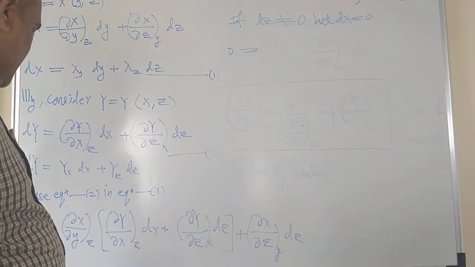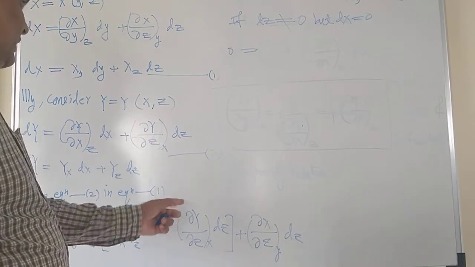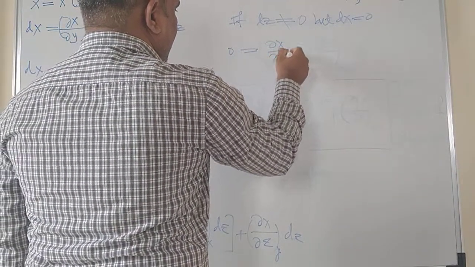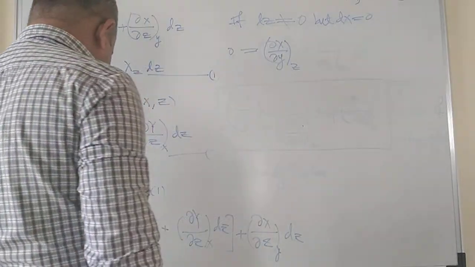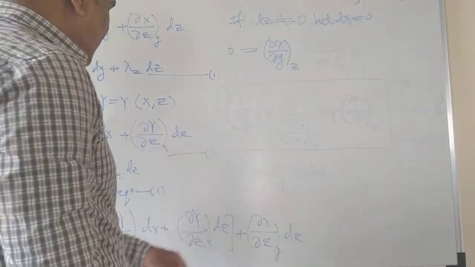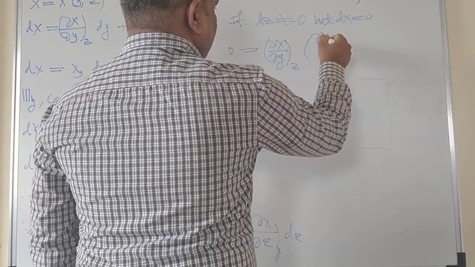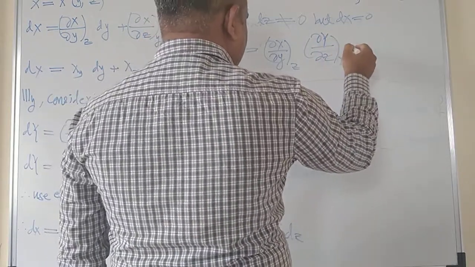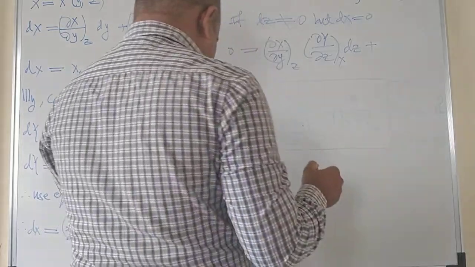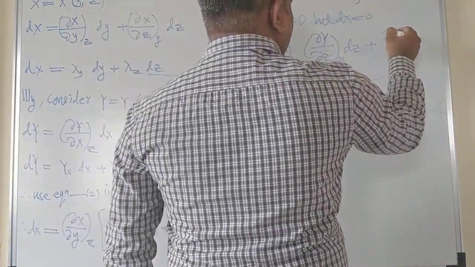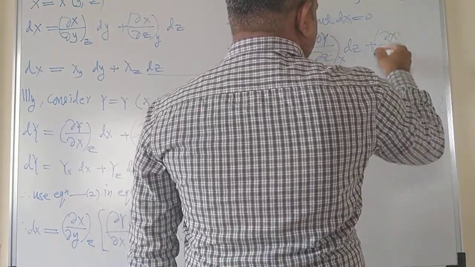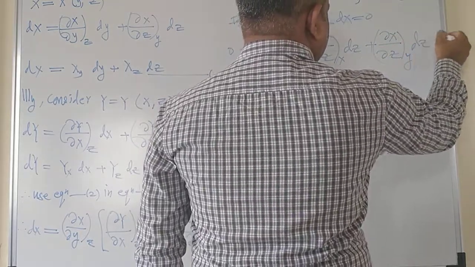So your right hand side will be equal to dou x by dou y at constant z, and this will be multiplied by dou y by dou z at constant x into dz, plus now the second term is dou x by dou z at constant y into dz.